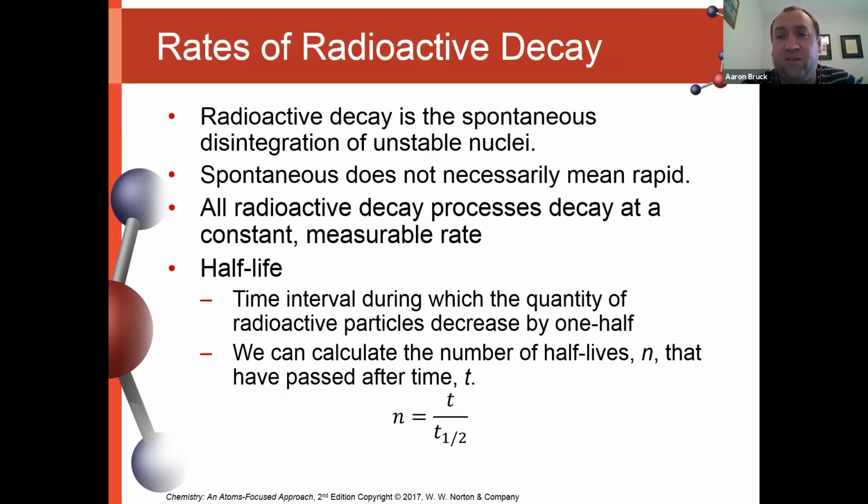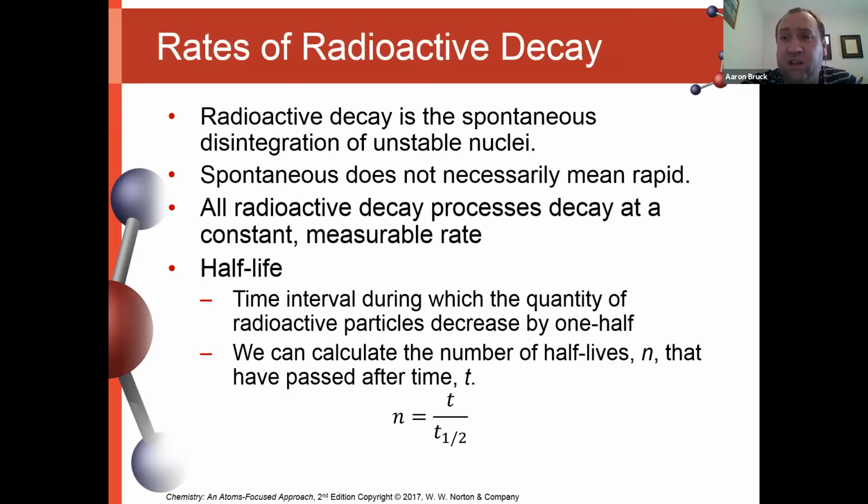And so if you have to take Chem 2, you'll learn a lot more about spontaneous reactions and non-spontaneous reactions when you learn about thermodynamics. Spontaneous just means that it occurs on its own. It doesn't have any outside influences impacting it at all.